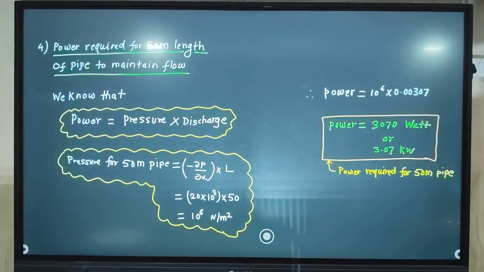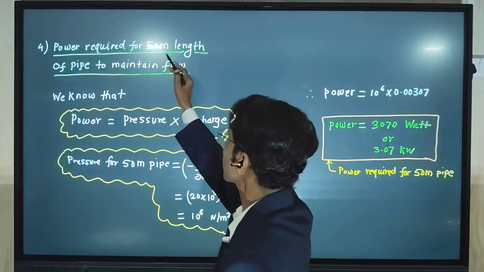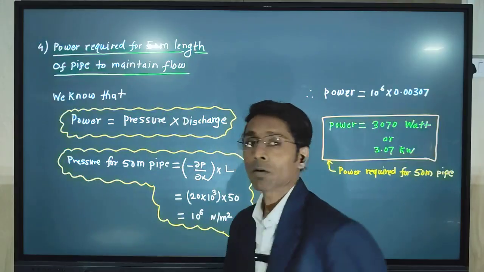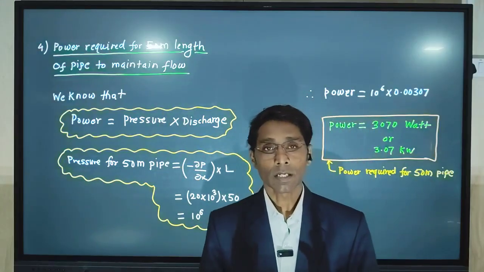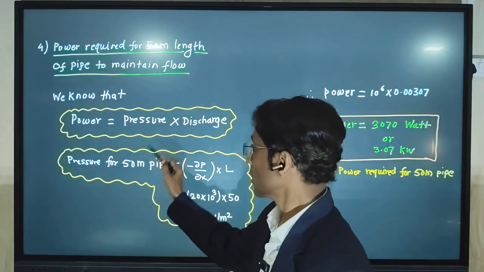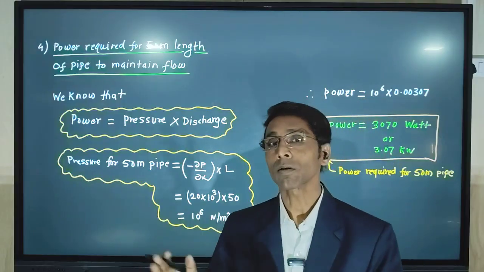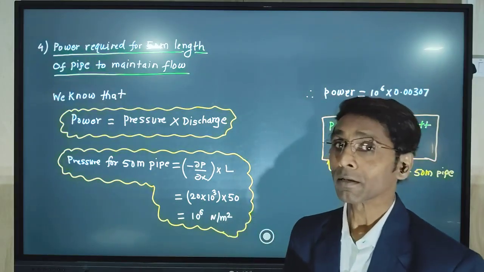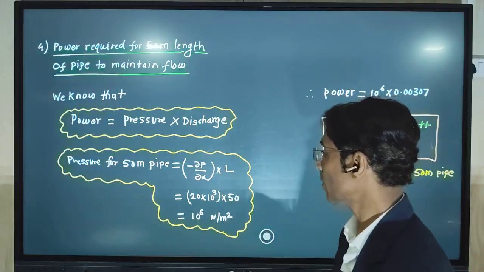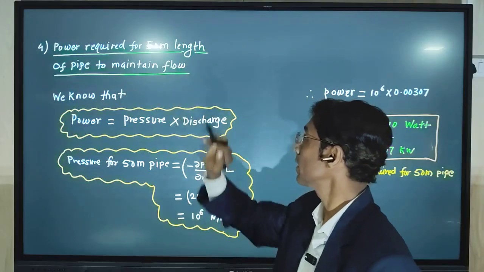The fourth parameter to be calculated is power required for 50 meter length of a pipe to maintain flow. Now we know that power is a product of pressure into discharge. Then next we are given pressure gradient along the direction of motion per unit meter. So per meter, that is minus dp by dx, and we have to calculate that for length 50 meter.